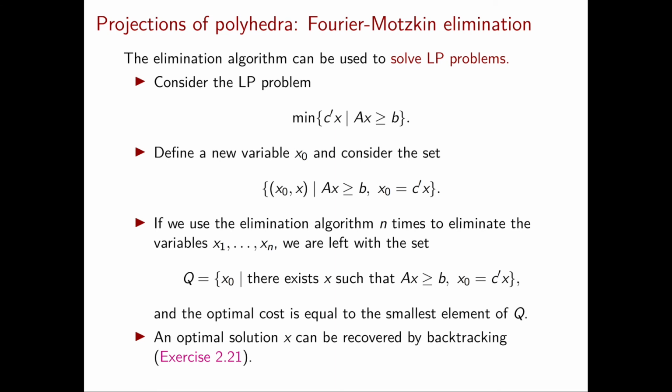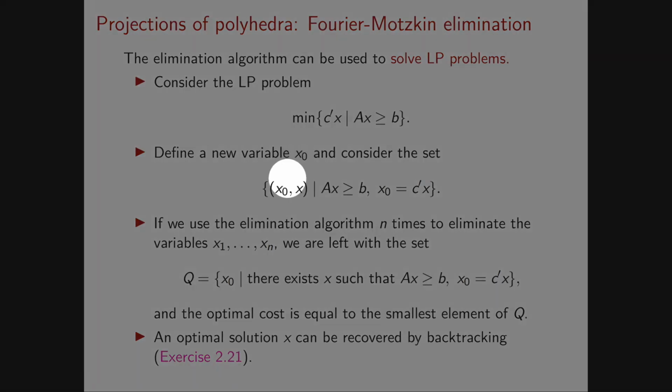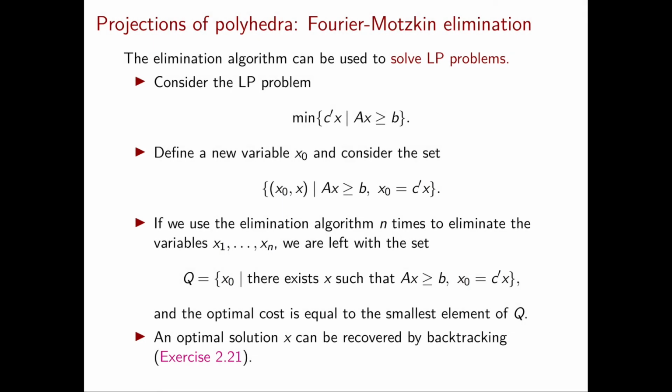The idea is now to define a new variable that we're going to call x0 and which corresponds to the cost of a solution. So we now look at the polyhedron given by the vectors (x0, x), such that Ax is greater than or equal to b and x0 is set to be equal to the cost of x, so equal to c transpose x. Clearly this is a polyhedron because all the constraints are linear.